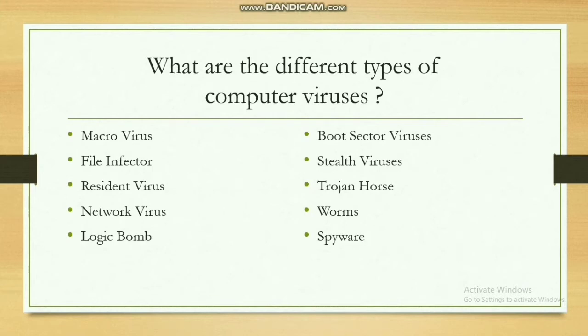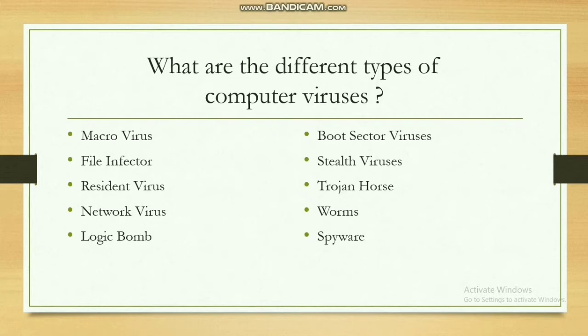It happened that the king of Troy took away the princess of Greece to his kingdom, and the Greeks wanted to take her back, and the Trojan horse was made in such a manner that with its help, the Greeks defeated the Troy kingdom. And the worms are there and spywares are there.